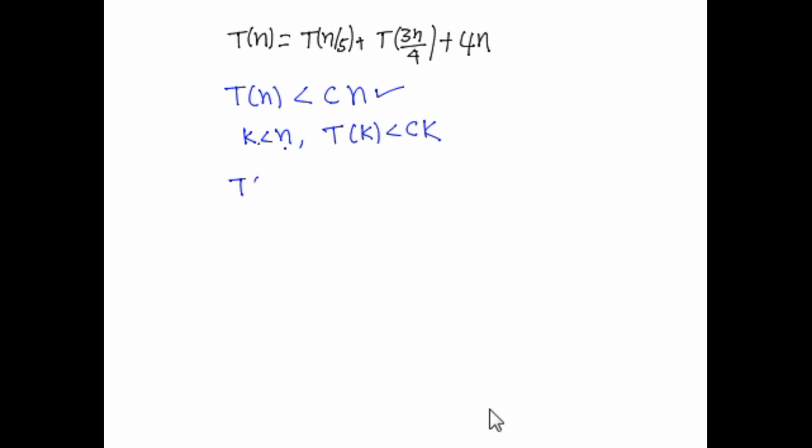So we will get T of n which is smaller than or equal to C into n by 5, plus, since 3n by 4 is strictly smaller than n, C into 3n by 4 by induction, plus 4 into n. In these terms, n is common in all of them.